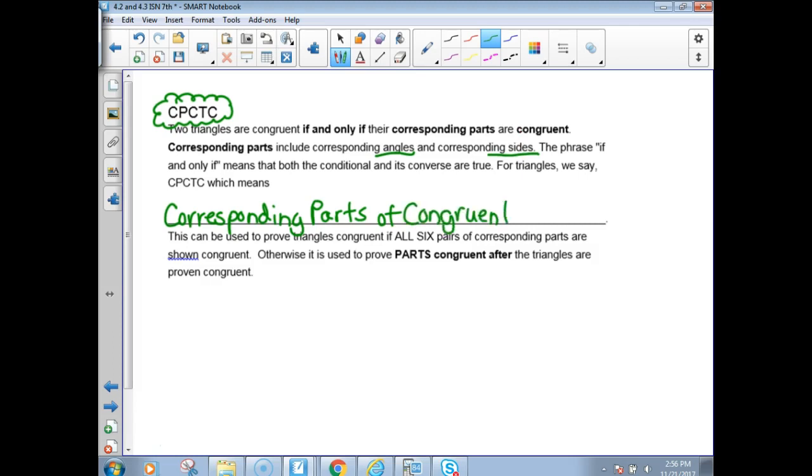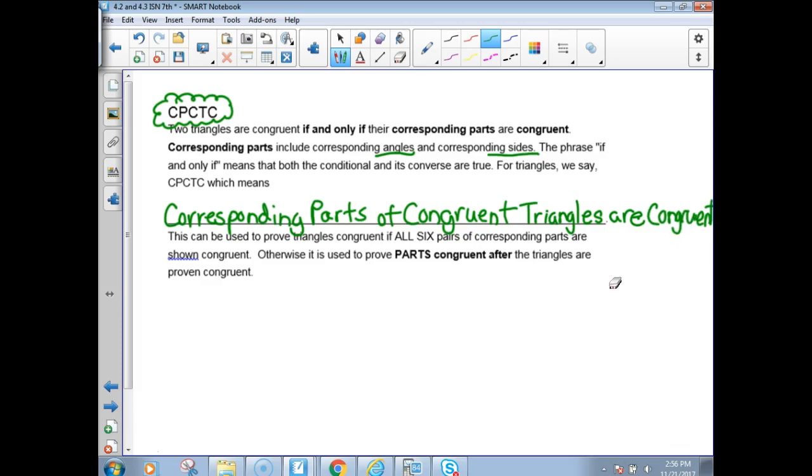It's nice to try to guess what it is so you remember it in the end. Corresponding parts of congruent triangles are, what do you think that last word is? It's already been repeating a word. Congruent. Corresponding parts of congruent triangles are congruent. That is what CPCTC means.